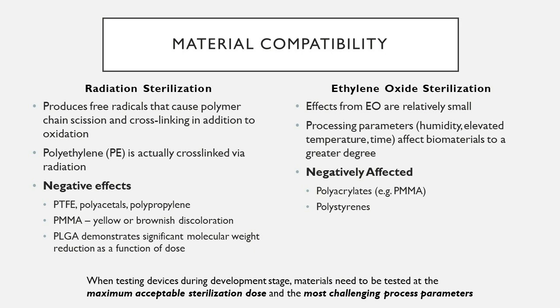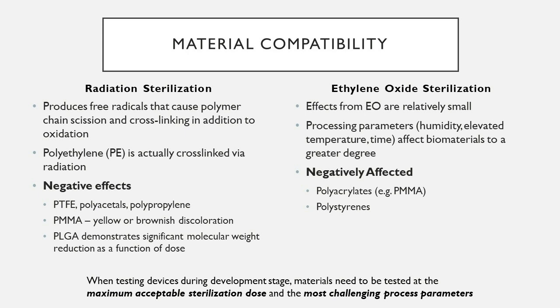As I said before, radiation sterilization methods produce a lot of free radicals that in part governs the mechanism of the sterilization method. However, it also has the ability to cause oxidative degradation of polymers. And not only that, the radiation itself can both scission polymer chains, meaning break them apart, and also induce cross-linking, in the same way that we sometimes do UV cross-linking through radiation.